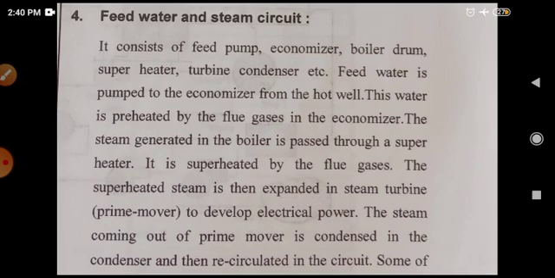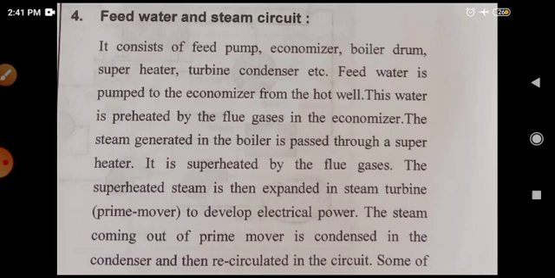Okay, when it is supplied to the furnace, it is desired that the water be converted into steam. Okay, in this way the water circuit gets completed. But it does not end here.